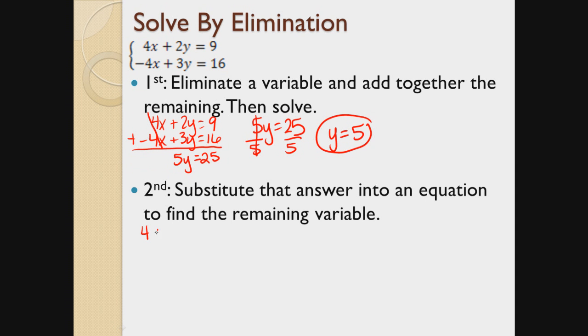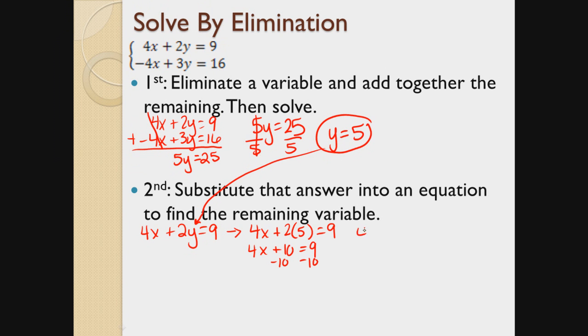So we can take 4x plus 2y equals 9 and plug in y equals 5, so that it becomes 4x plus 2 times 5 equals 9, which would make 4x plus 10 equal to 9.